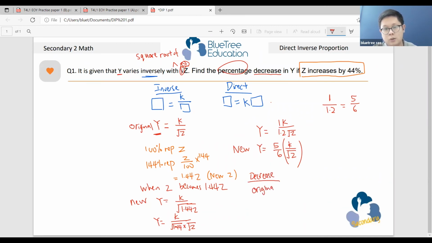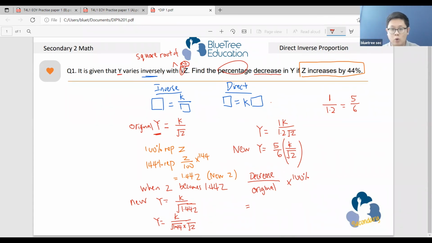Remember, when it comes to percentage increase, decrease, or percentage change, the denominator is always the original. And then you multiply this by 100%. The decrease will be basically the difference between the units. So you don't have to bother writing the k over square root z anymore, it will make things look very complicated. So just look for the number of units.